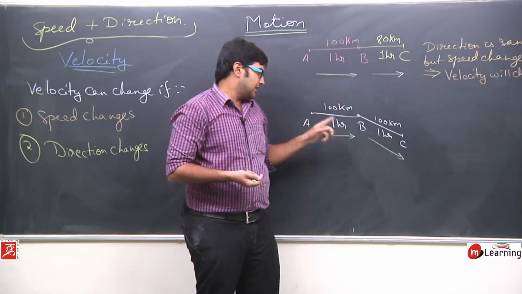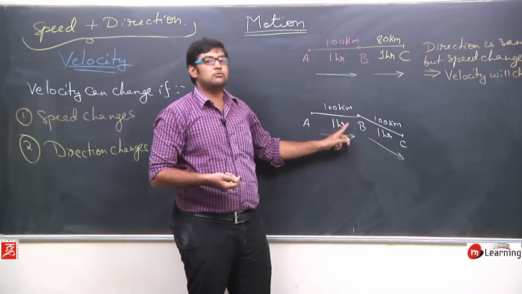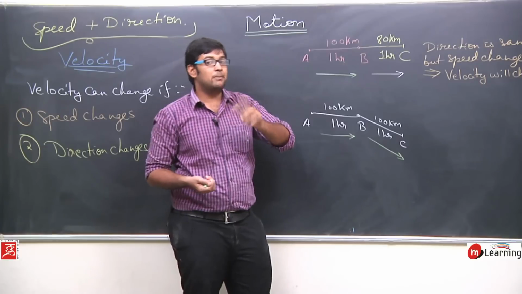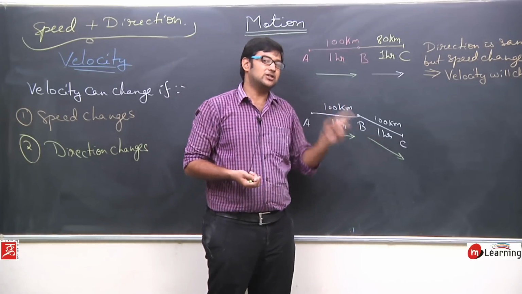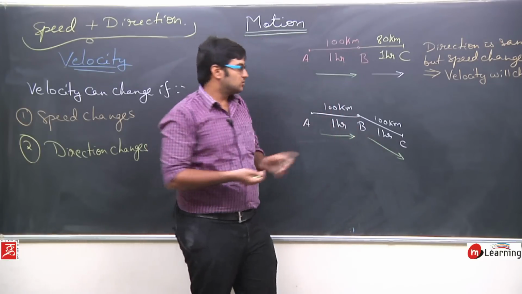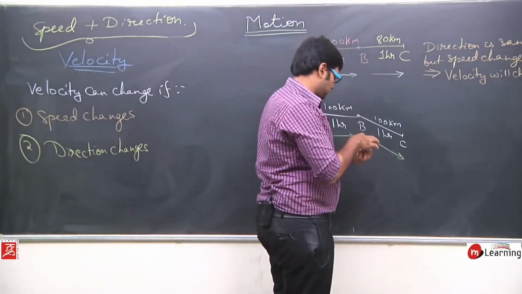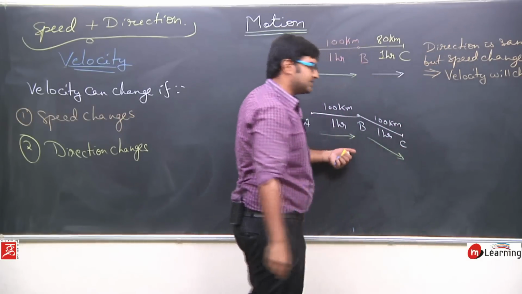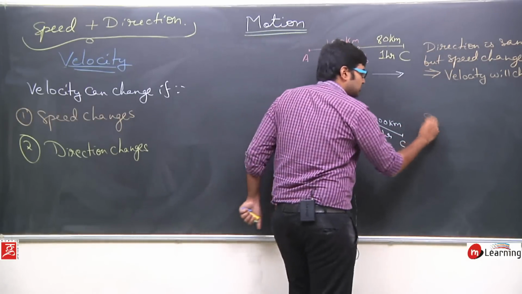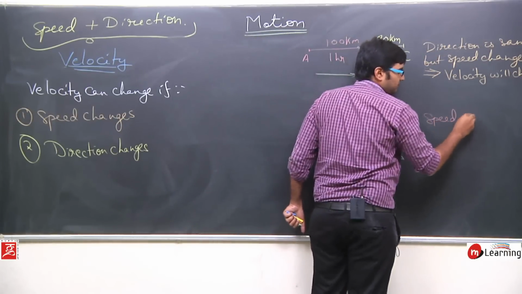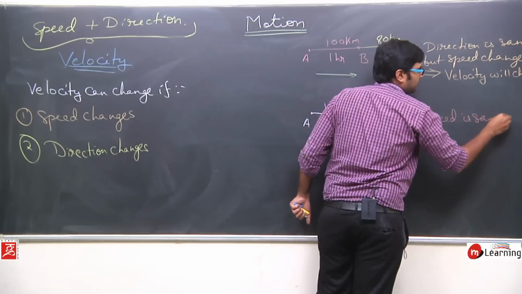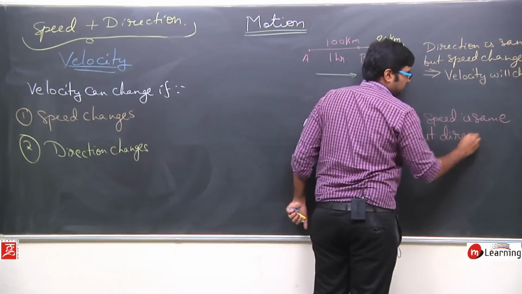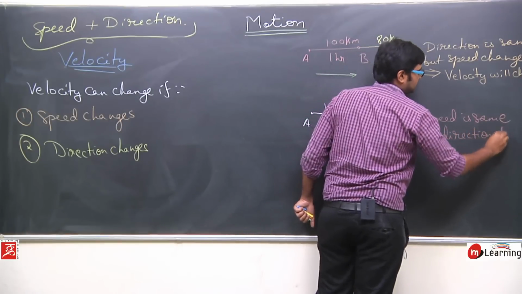So what I can say, even though I am traveling 100 km in 1 hour, 100 km in 1 hour, the speed is not changed, but the velocity will change because direction is changed. So in this case what I can write, speed is same but direction changes.